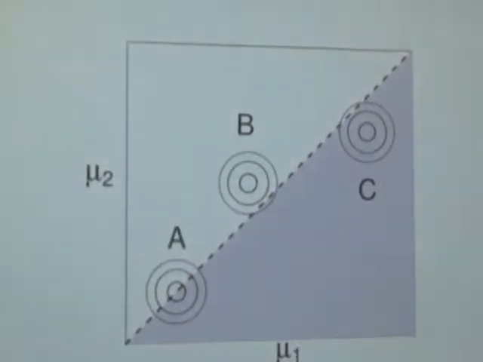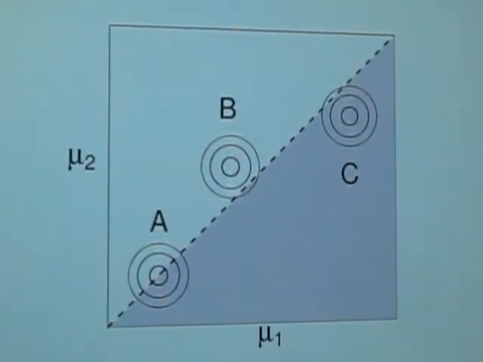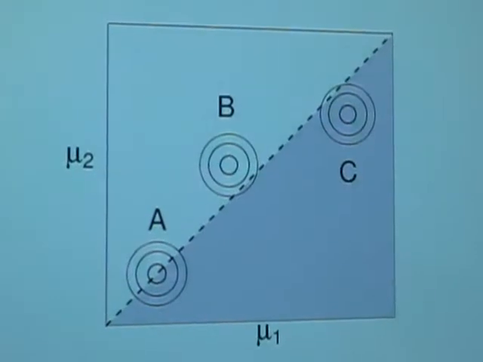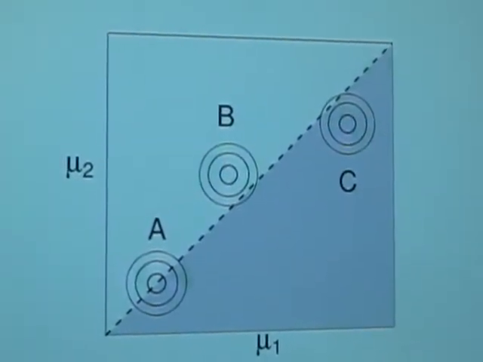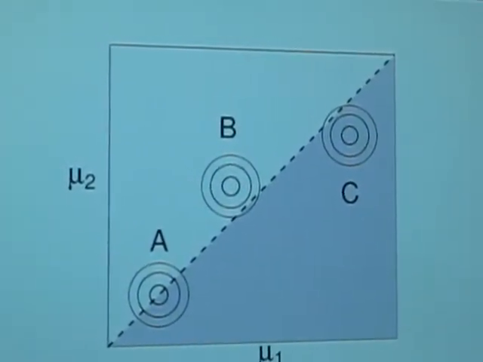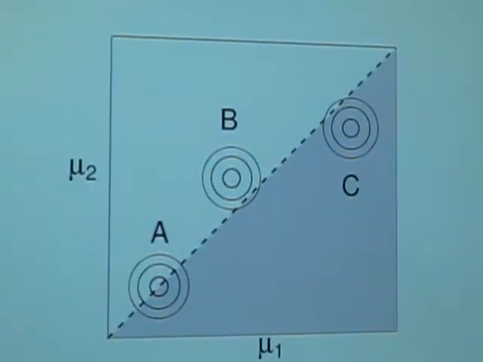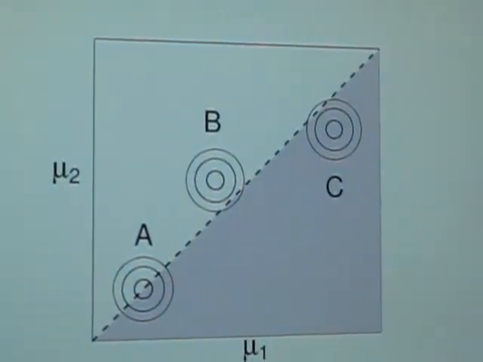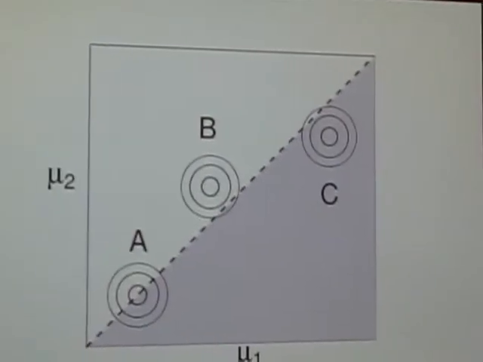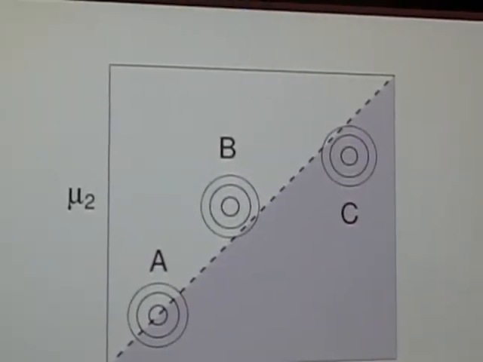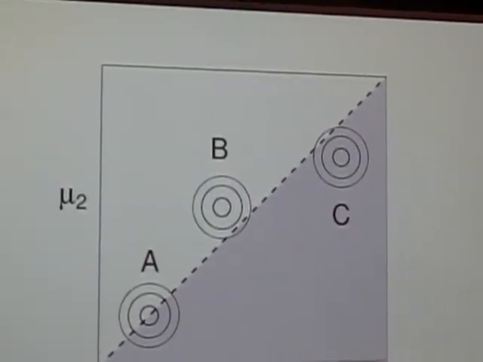I'm going to talk about 3 situations, A, B, and C, and these circles represent the posterior distribution. So the joint posterior. In this particular case, the order restriction corresponds to the gray area, right?